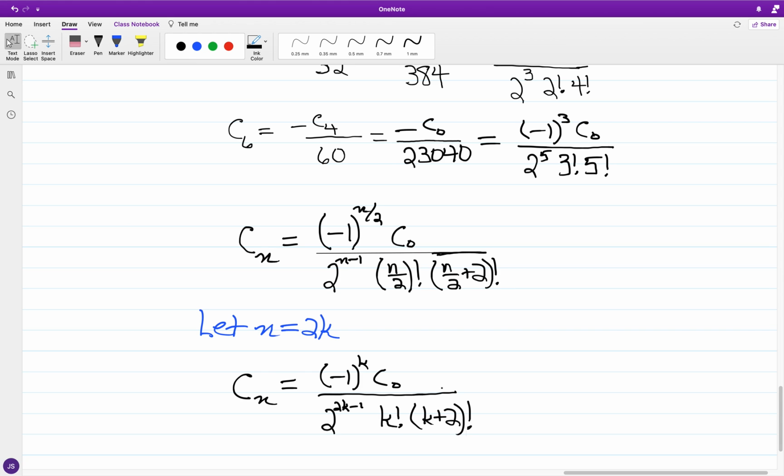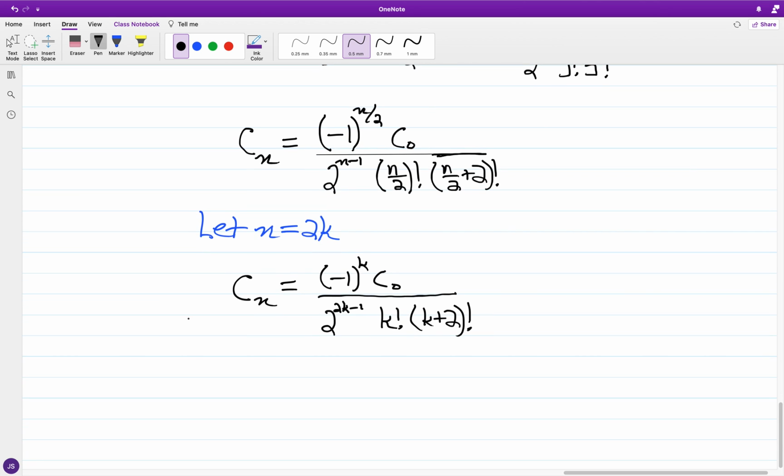Okay, so again, just going back to what we have with y. Again, your x to the r1 was x squared. Okay, so letting n be equal to 2k. Let me back up here. So we have x to the n plus 2.